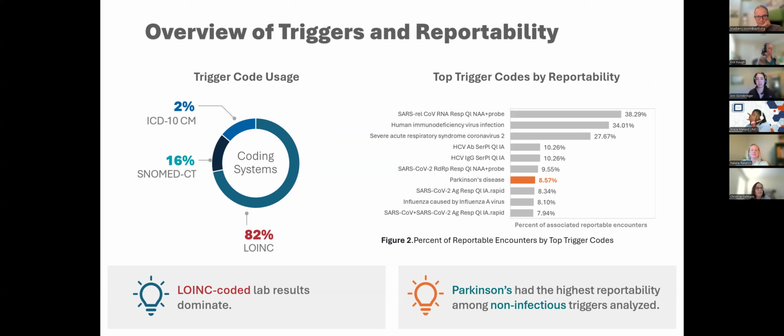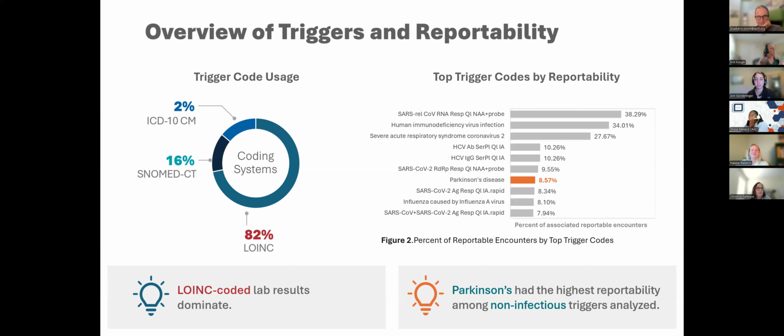One of the things that maybe isn't always clear is that what disease or condition is being triggered doesn't necessarily match what is being reported to the public health agency. So you could trigger on a COVID ordered test, and something else within the patient's visit or chart indicates a different disease that needs to be reported to public health. This right side here shows which reportable triggers were most likely to meet their reporting criteria.